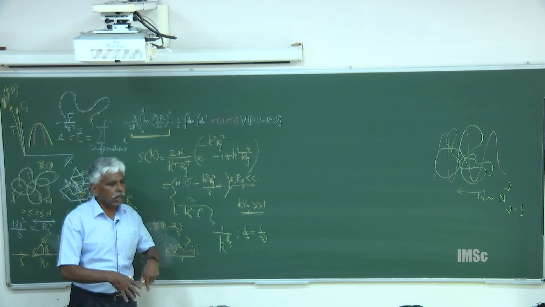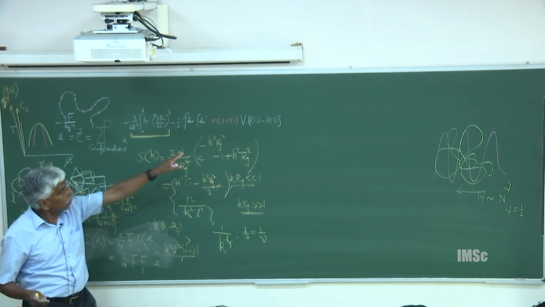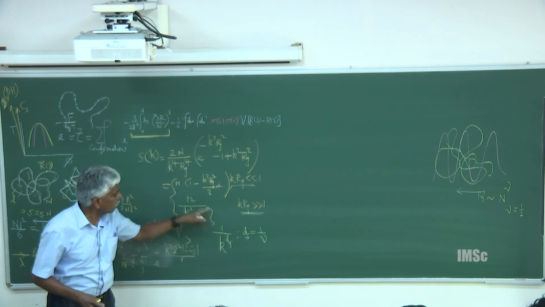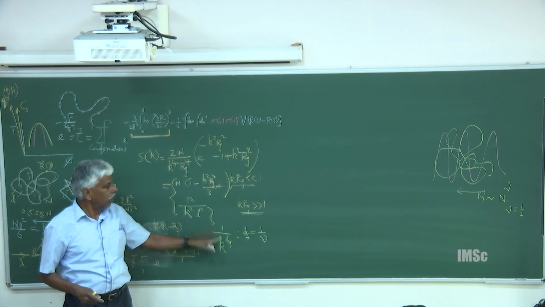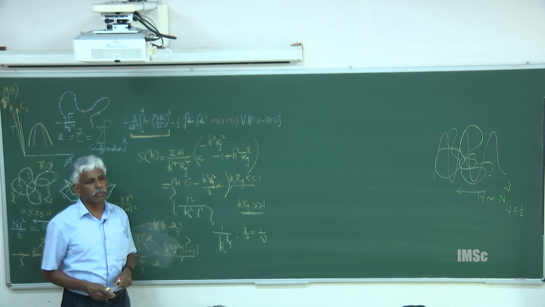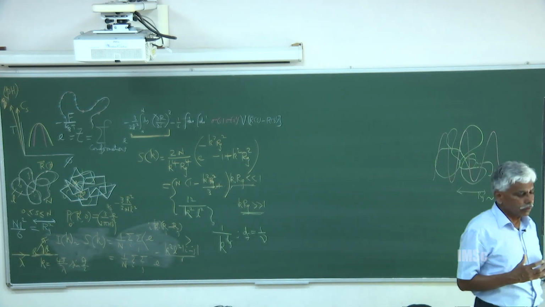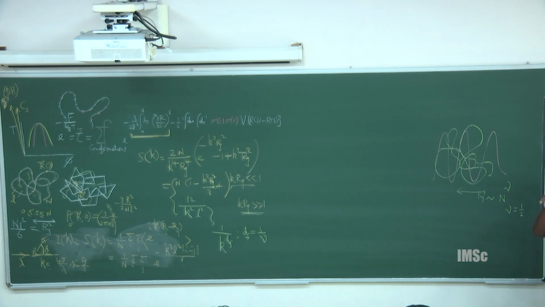I can do this calculation generally for any other system, even with the interactions. Then this formula is true, 1 over k to the df, and if you measure this, you can immediately get nu. That's another quick and dirty, economical way to determine the size of the polymer as a function of molecular weight. But the important thing is, if I plot S of k, it will depend upon k like an inverse square only due to random walk.